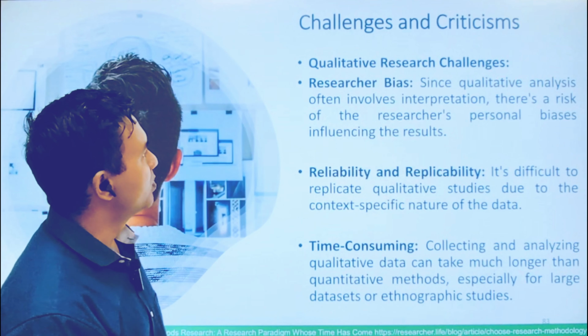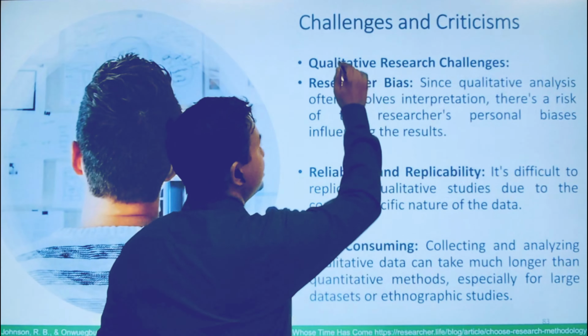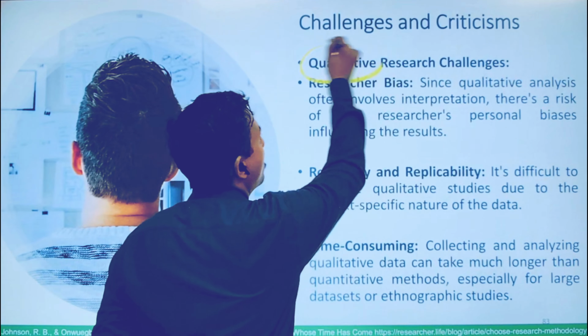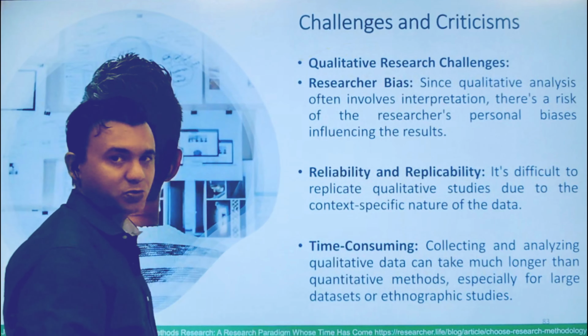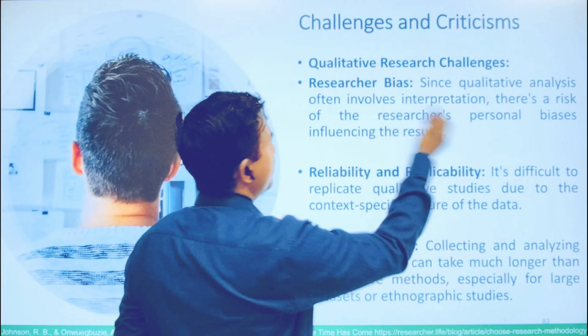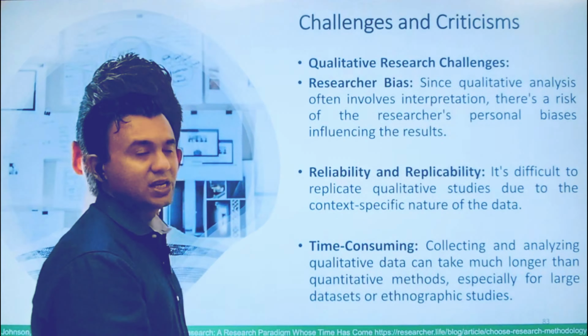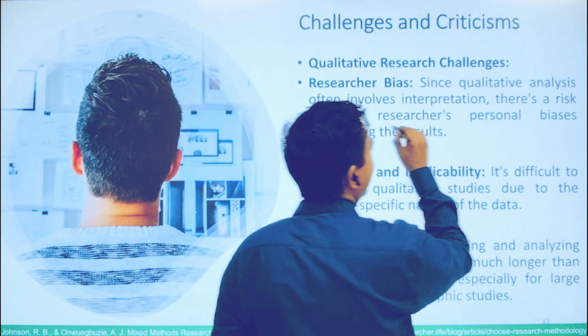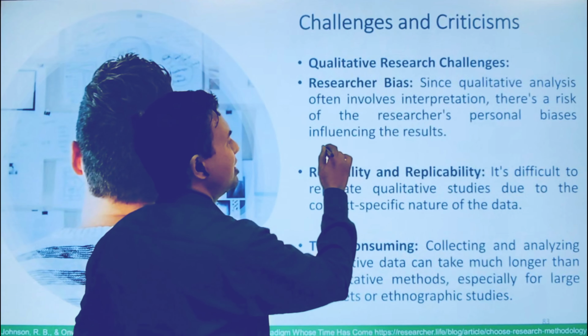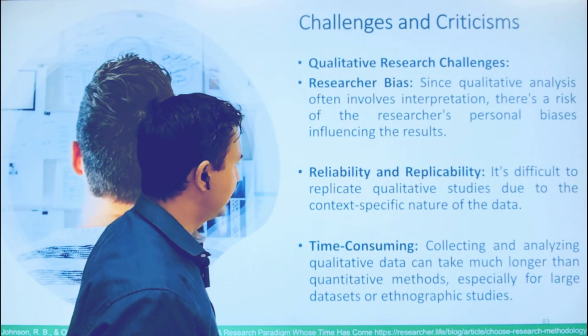That is one disadvantage. There are certain challenges and criticisms with qualitative research also, such as researcher's bias. Qualitative analysis generally involves the interpretations of the researchers, which means there is a risk that personal bias can influence the results, correct?